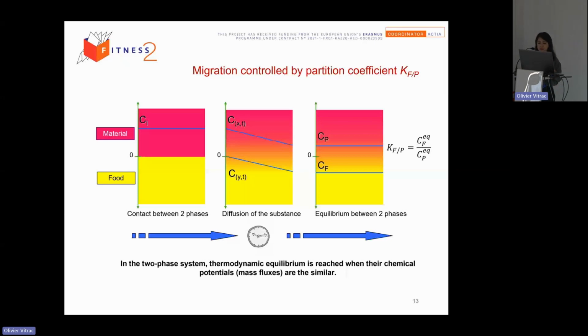When we reach thermodynamical equilibrium, we have the same chemical potential in the two phases. So normally, at the macromolecule scale, we cannot have a migration value beyond this: the migration phenomenon will stop at thermodynamical equilibrium.